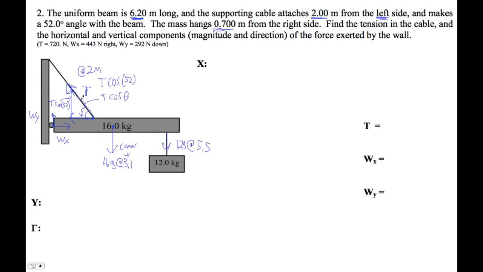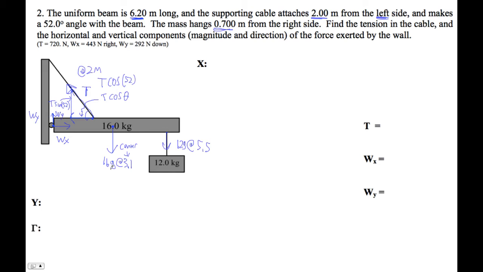Okay, so here are our forces, right? We got the wall in the y direction. We've got the wall in the x direction. We've got the cable, which is pushing up at an angle. So there's T cos theta toward the wall, T sine theta lifting up, right?